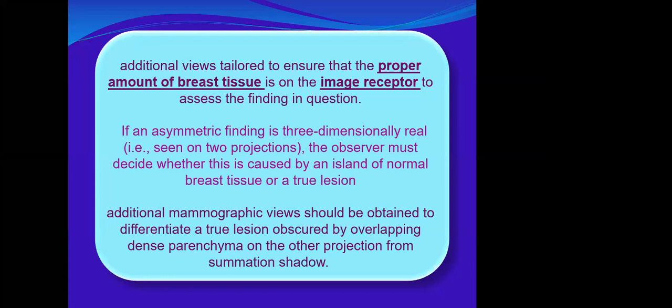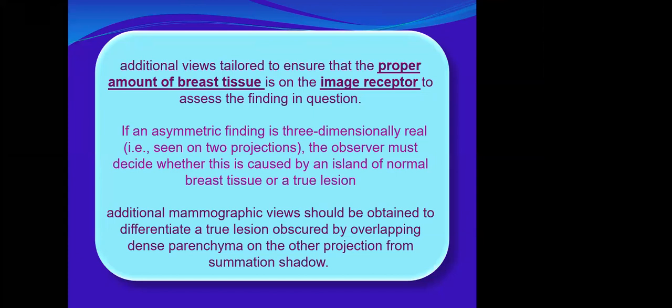And if the asymmetric finding is three-dimensionally real, i.e. seen in two projections, then we must decide whether this is caused by an island of normal breast tissue or a true lesion. As we described before, focal asymmetry is real, since it is three-dimensional.